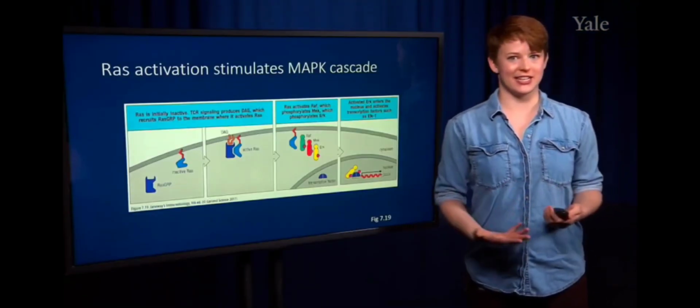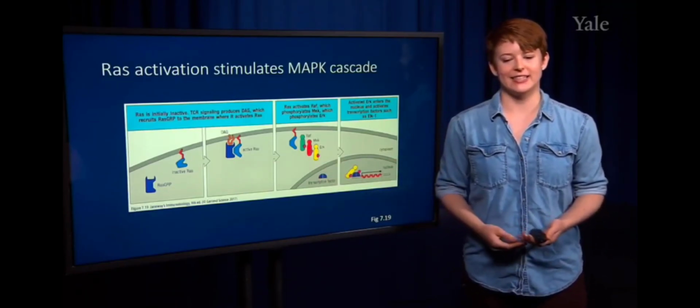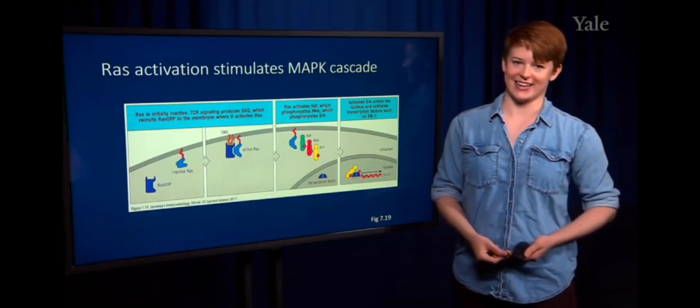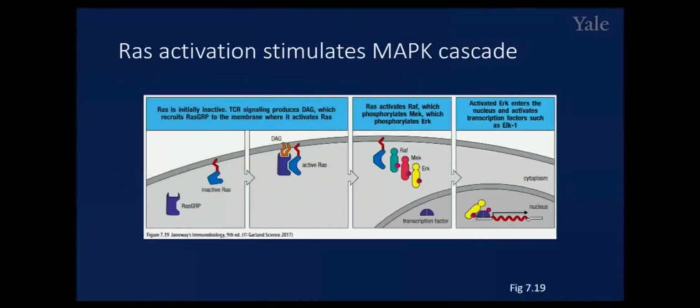RAF would be what is known as a MAP kinase kinase kinase. It phosphorylates, so it acts as a kinase against the next downstream protein, which is a MAP kinase kinase, which then acts as a kinase on MAP kinase.